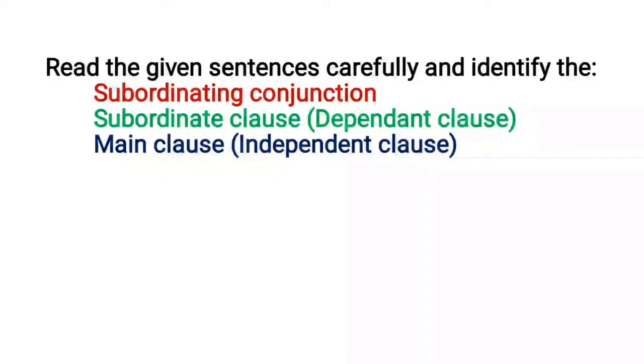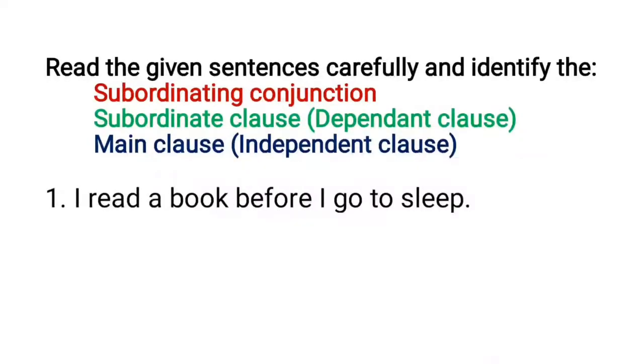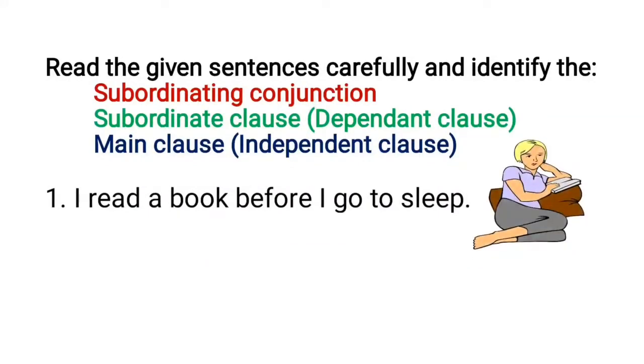Here, I can give you one more trick to identify subordinating conjunction in any sentence. To do so, read the sentence carefully and identify the subordinating conjunction, subordinate clause, and main clause in this sentence. I read a book before I go to sleep.